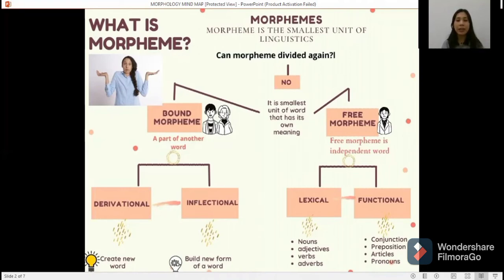It will be combined with another word, and it has two types: derivational and inflectional. What is derivational? Derivational has the function of creating a new word, whereas inflectional just builds a new form of a word. So let's move to the next mind mapping.